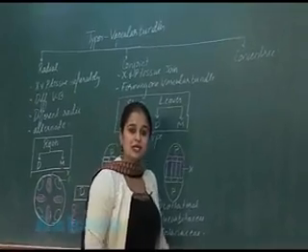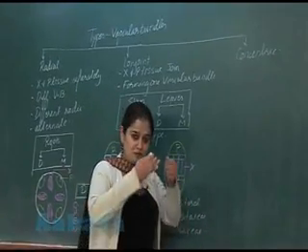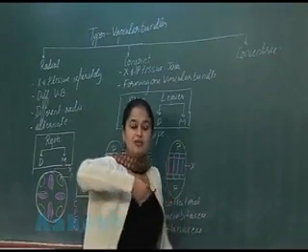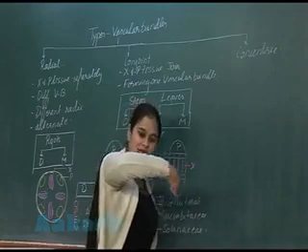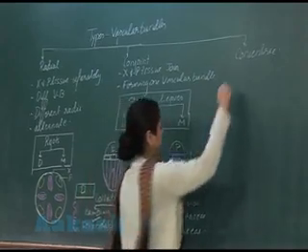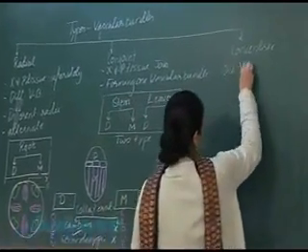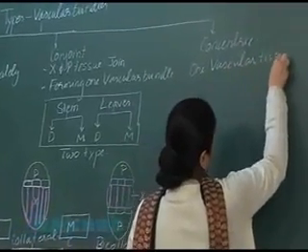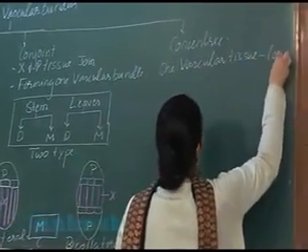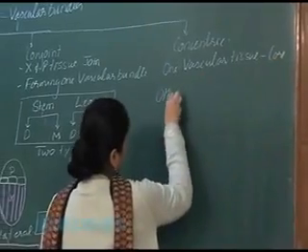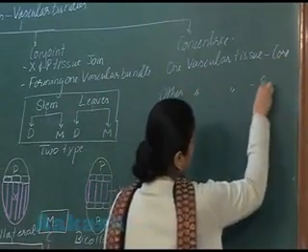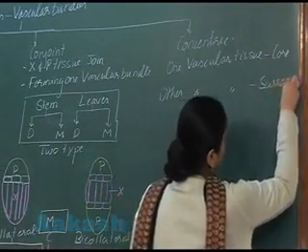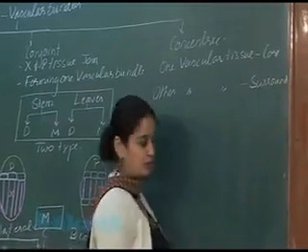In the concentric, one vascular tissue will form the core and the other vascular tissue will completely surround it.